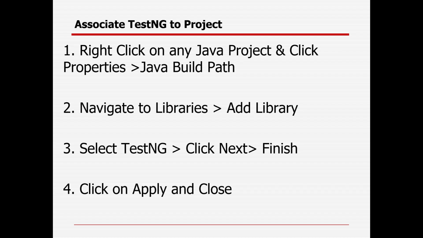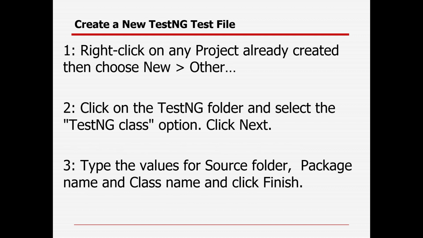So I have installed TestNG, and I have added the TestNG library to my project. Then I will be creating a TestNG class instead of a Java class. You can create a Java class as well and TestNG will be added, but now I'll be creating the TestNG class. So how can I create it?